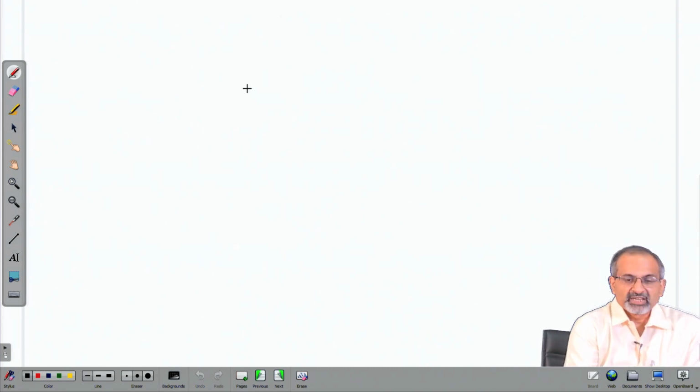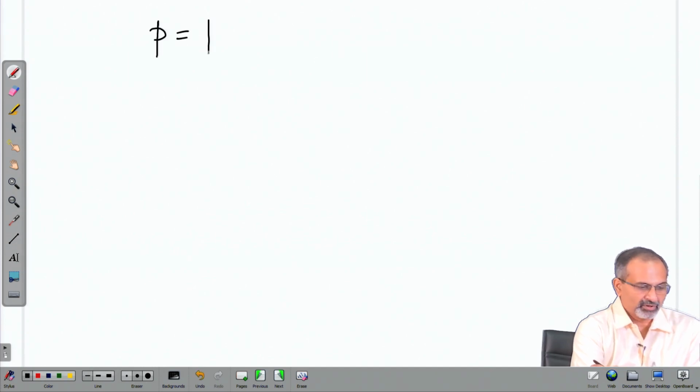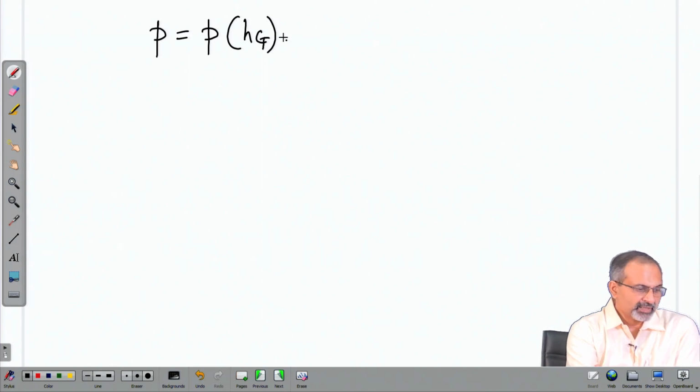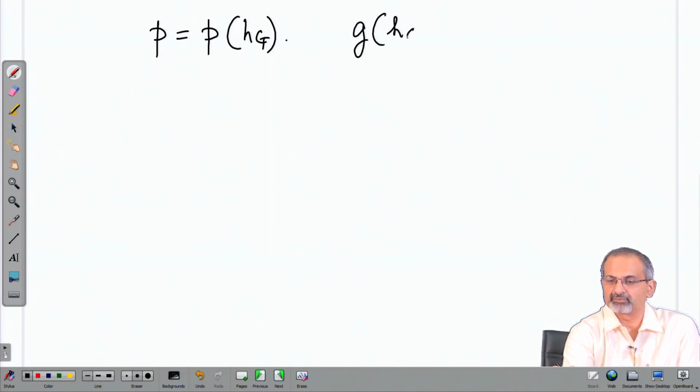Now, if we need to find an expression for pressure as a function of the geometric altitude, then in this equation 5 that we just left behind, we have to make sure that we account for the change in g with altitude. That means g is going to be basically a function of altitude.